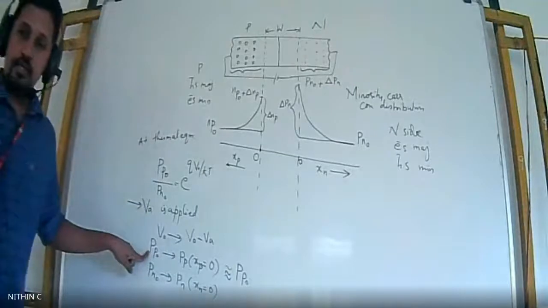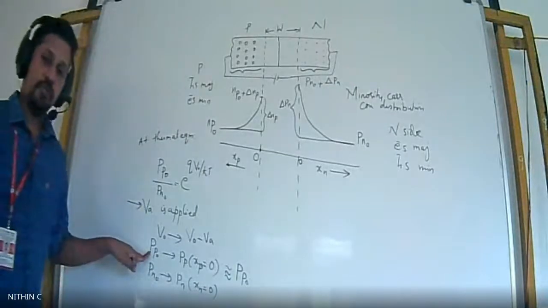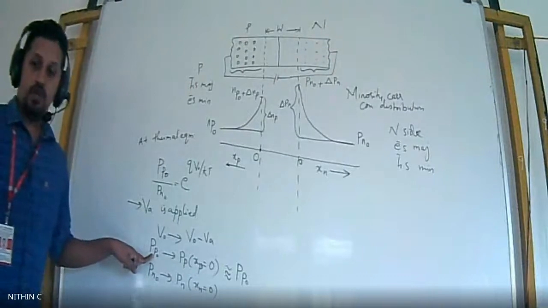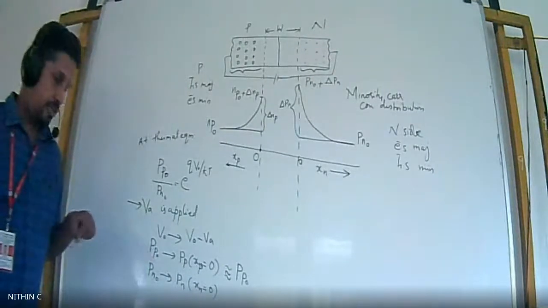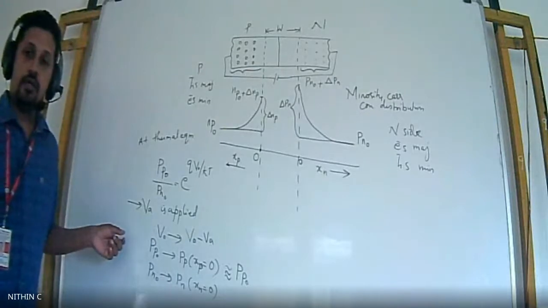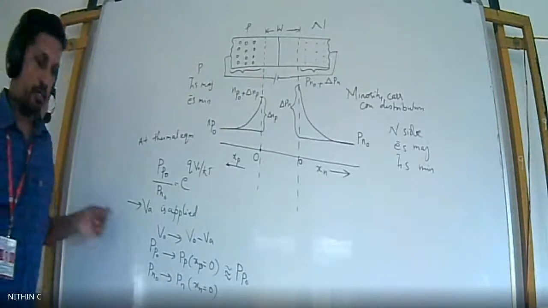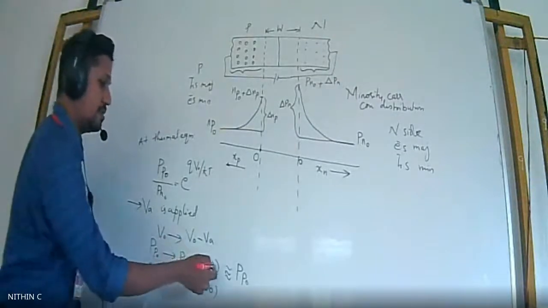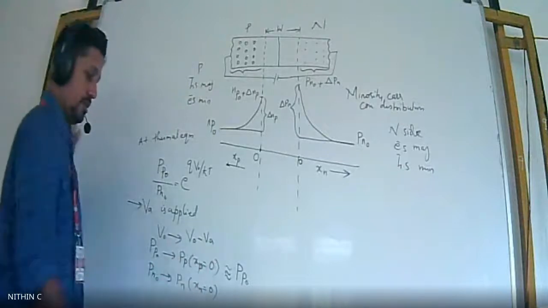There won't be any change in majority carrier concentration when the diode is forward biased. What is meant by low level injection? There won't be any change in the majority carrier concentration. That's why we can write Pp at xp equals 0 as approximately equal to Pp naught itself.